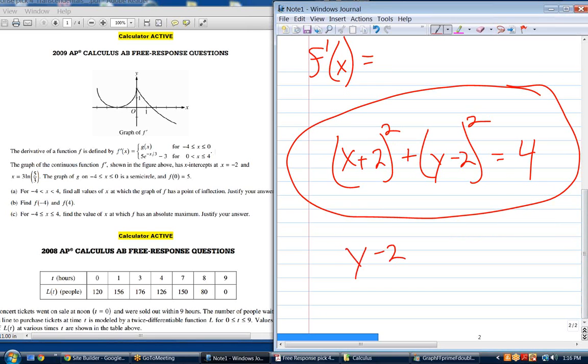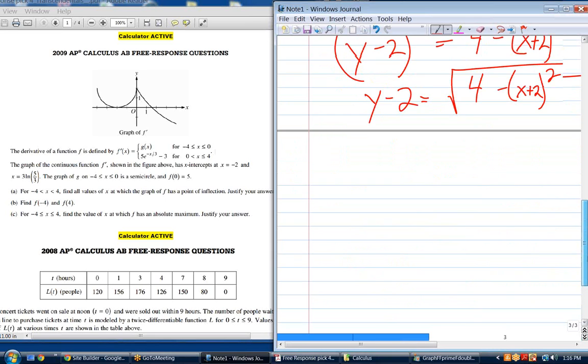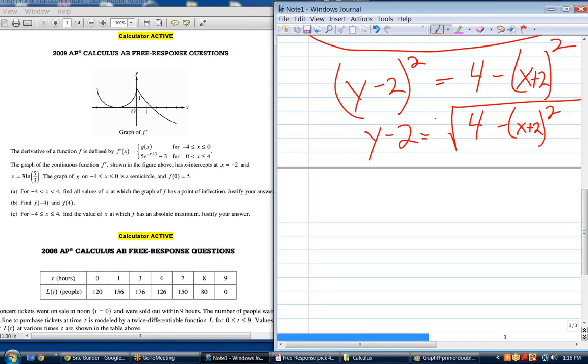Y minus 2 squared equals 4 minus (x plus 2) squared. Take the square root of both sides. Add 2. So now, plus or minus, but clearly we're dealing with the minus side.